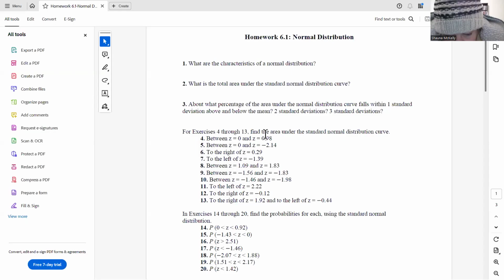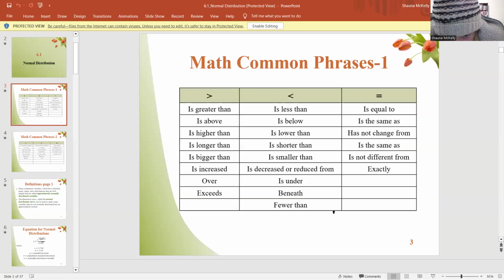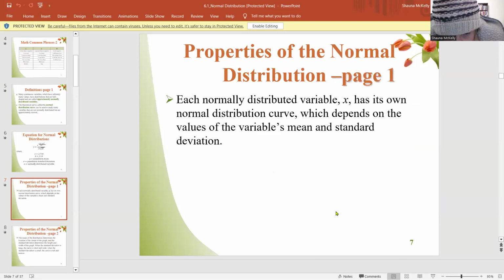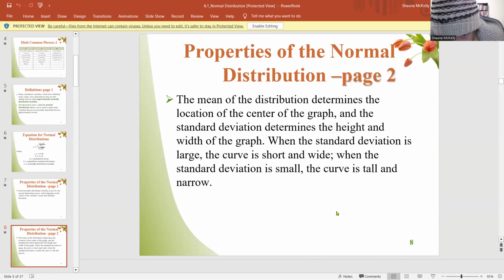So what are the characteristics of a normal distribution? Well, those are in your slides. If you go to your slides for 6.1, you have your common phrases, you have some normal distribution curves, we have some values of that. Now, properties of the normal distribution curve.